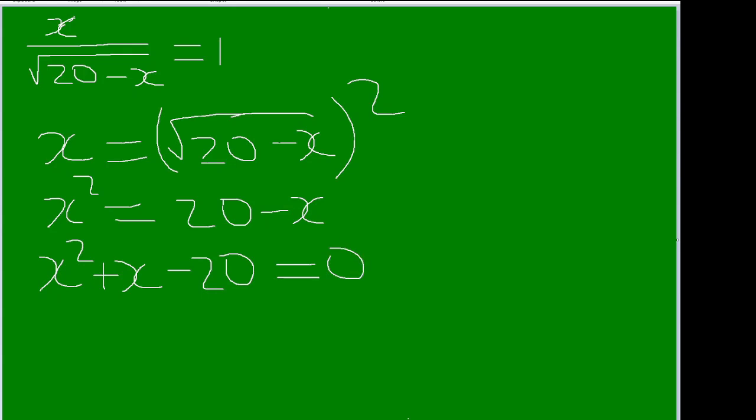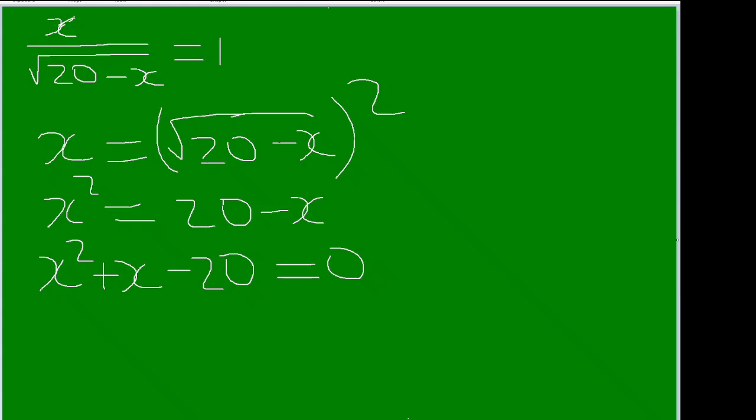So now we need to factorize. We need factors that when we multiply, they give us negative 20, and when we add them together, they give us 1, since the coefficient of x is 1.